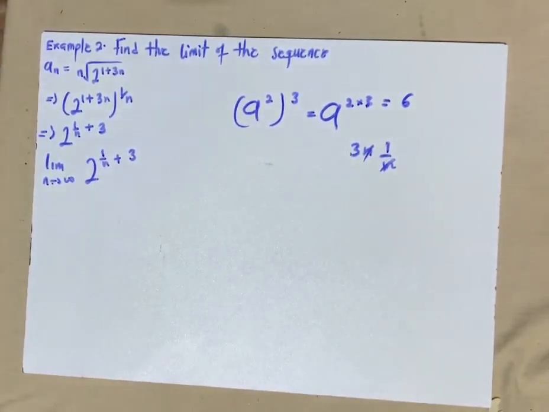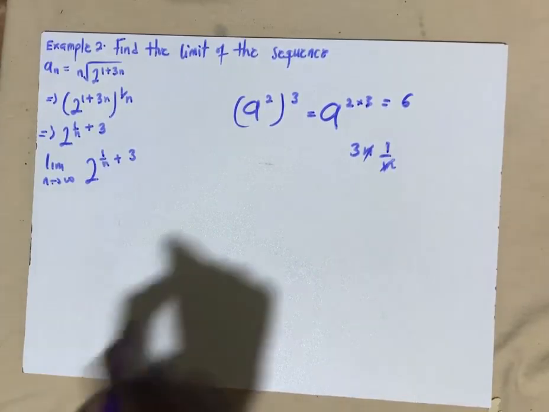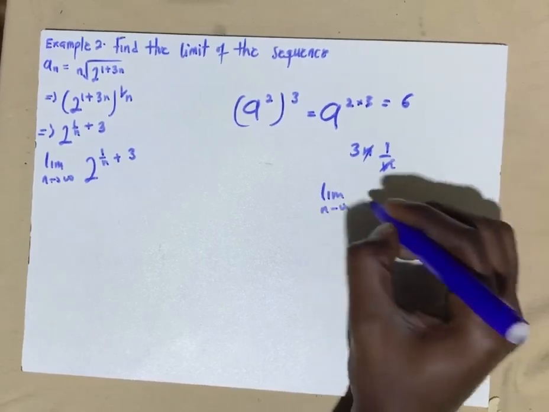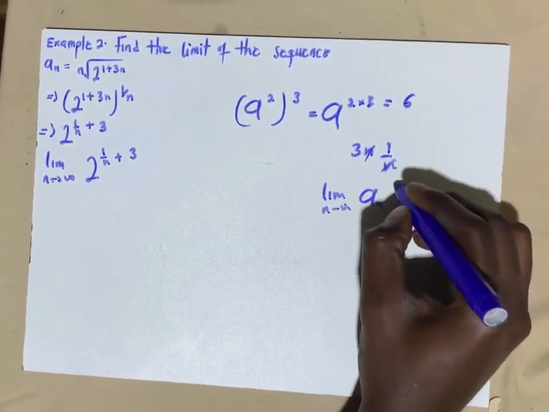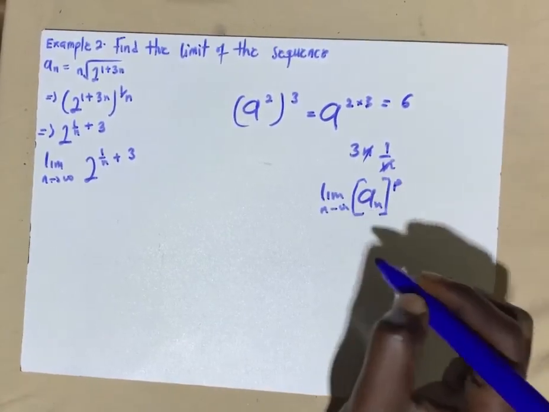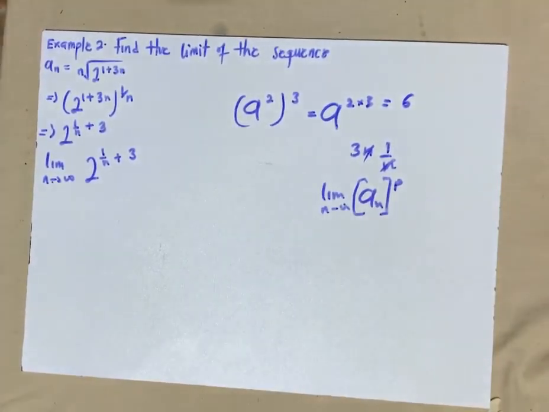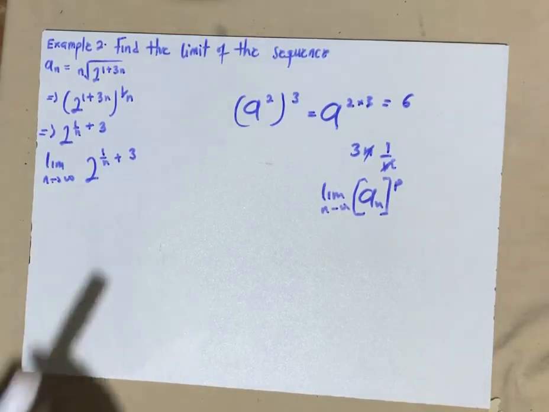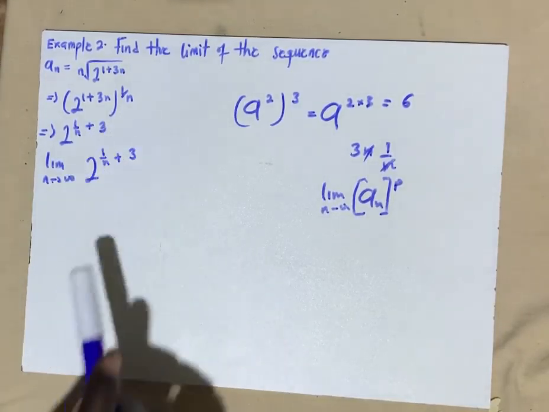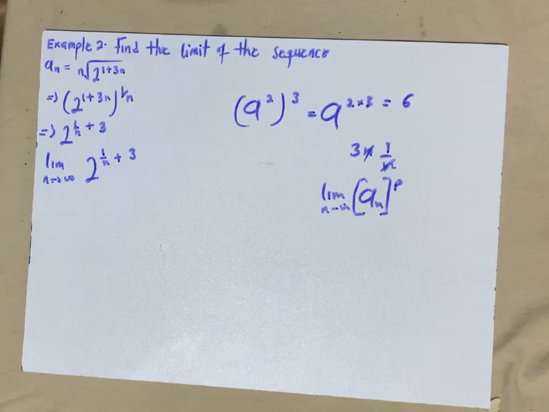Remember when we were talking about the laws: if you have the limit as n approaches infinity of a sequence raised to a power, find the limit of the inside and then apply the power. Very good. The exponent itself is a function on its own.